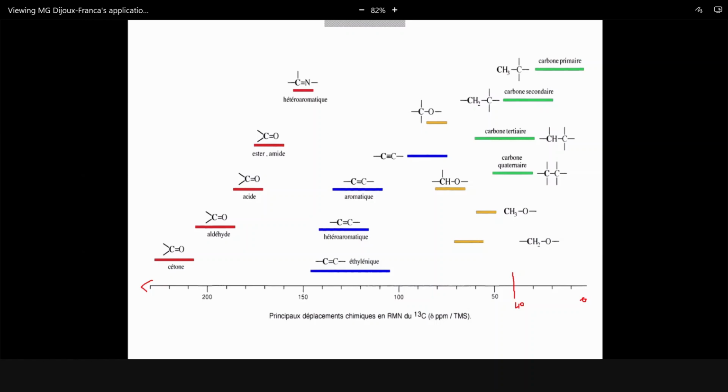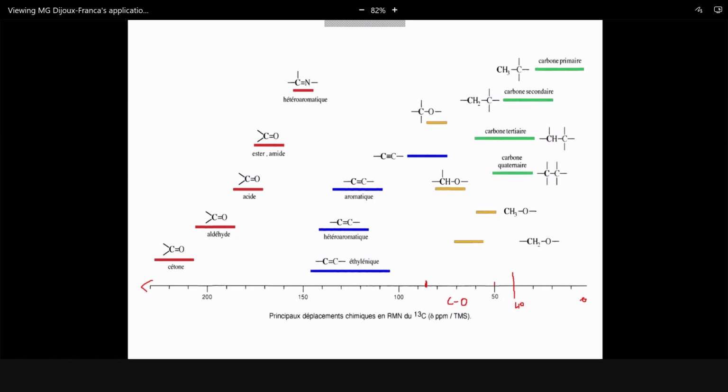But if you add, for example, as we saw in the structure before, a carbon with a double bond, we go over the 50 value. So from 50 to 80, something like that, we have carbon bearing oxygen, for example.